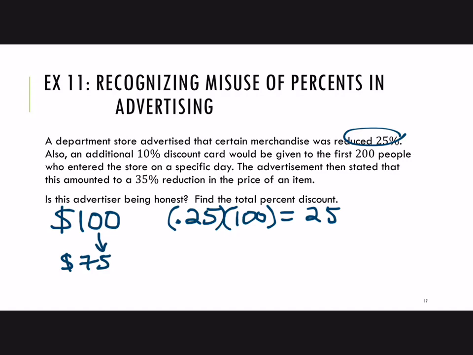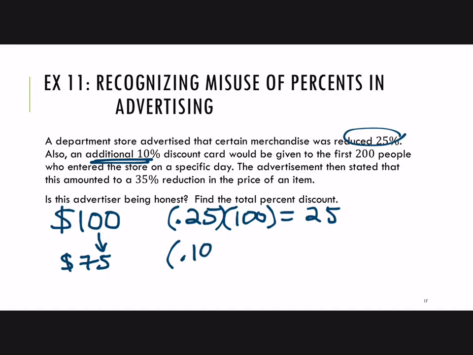Okay, and then an additional 10%. So anytime you have an additional discount, that's your clue that you apply one discount first before going on to the other. So that's why we're doing it this way and not just adding the percents together to take 35%. Okay, so we did the 25% first. Now we'll do the 10%.